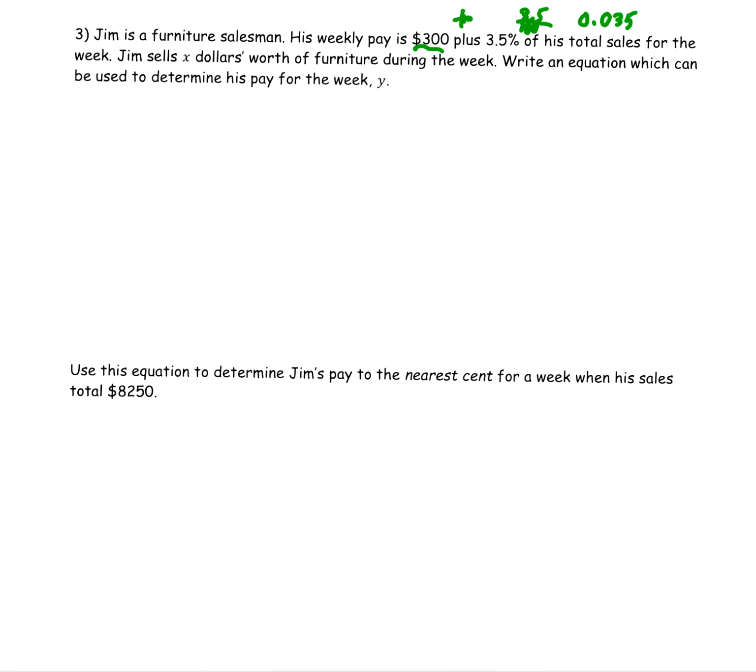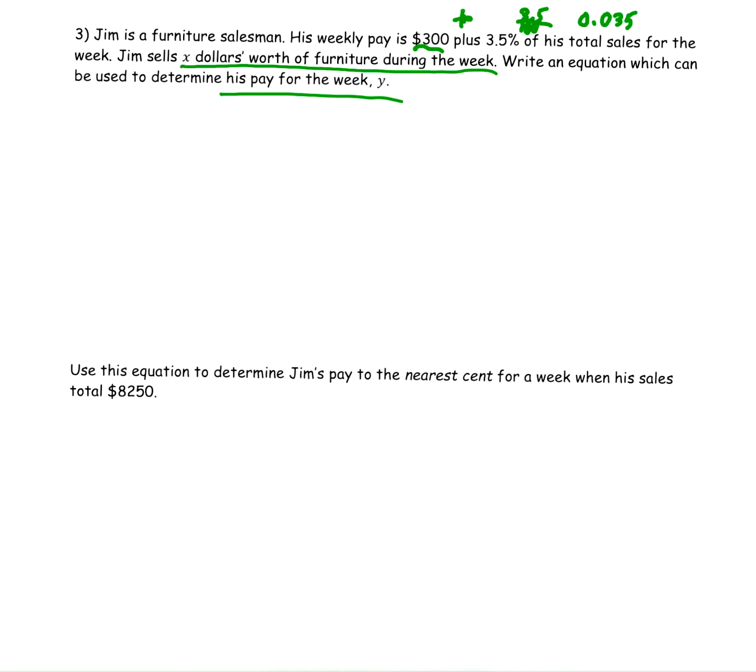Jim sells x dollars worth of furniture during the week. Write an equation which can be used to determine his pay for the week, y. So Jim sells x dollars worth of furniture during the week, and we want to determine his pay, which is y. So I'm just going to do my let statements really quick on the right.